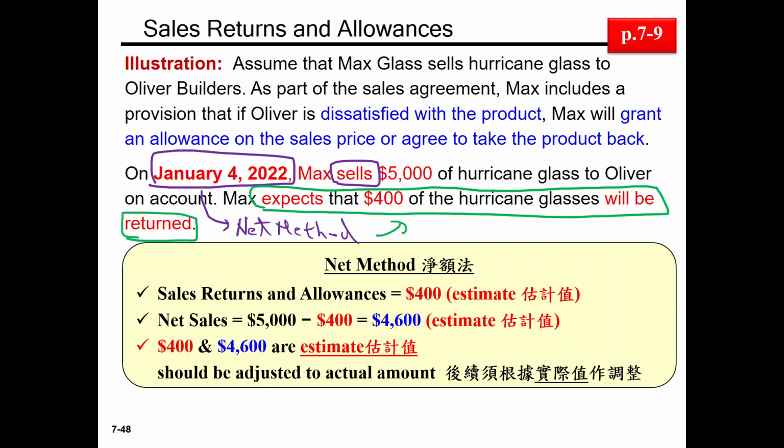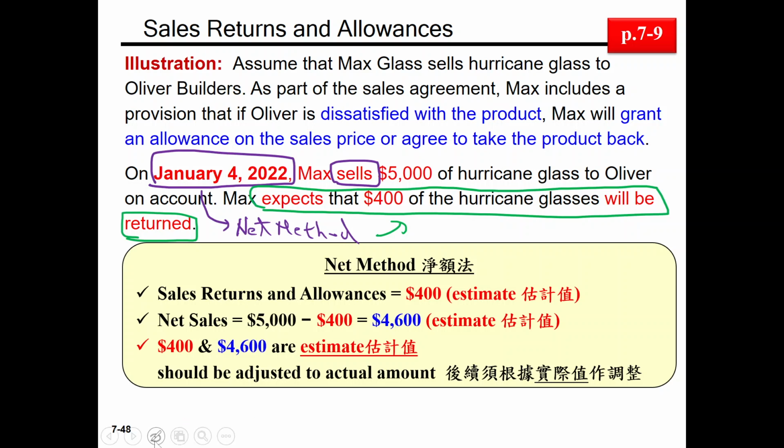Net amount, right? So net amount, how much? $5,000, after $400 maybe they'll return the products. So the amount you expect to receive from customers is only $4,600. This is the amount we expect we will earn as revenues from customers.